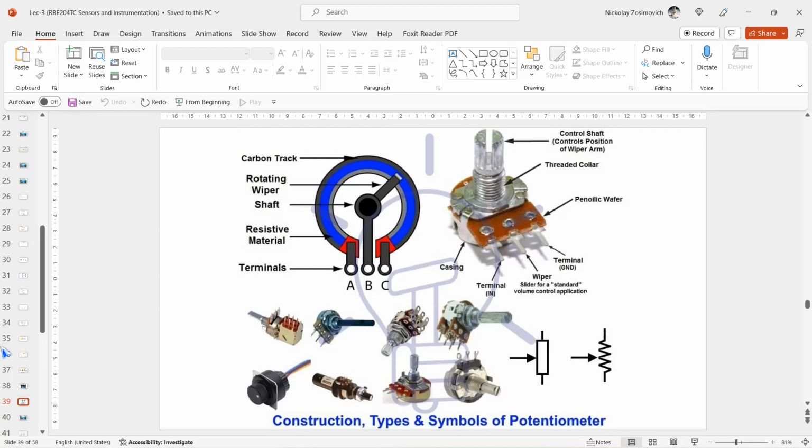Moreover, some thermal and optical sensors based on resistive effects are reviewed. The last section in our lecture presents a number of applications of resistive sensors, including the interface.